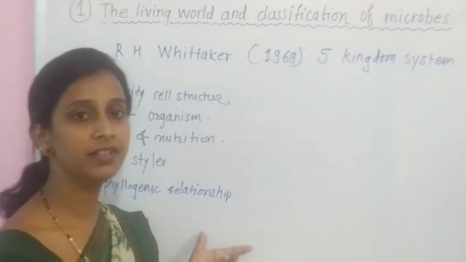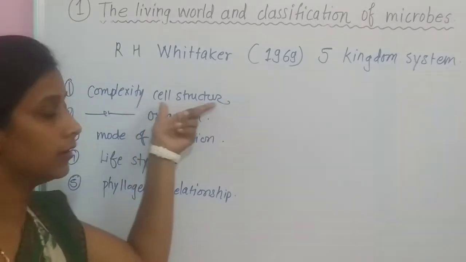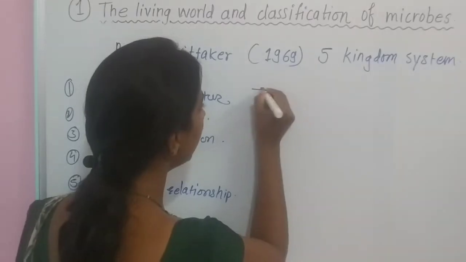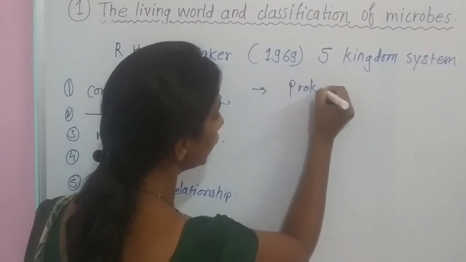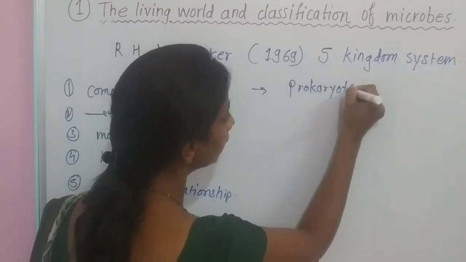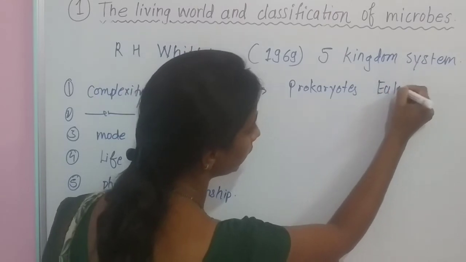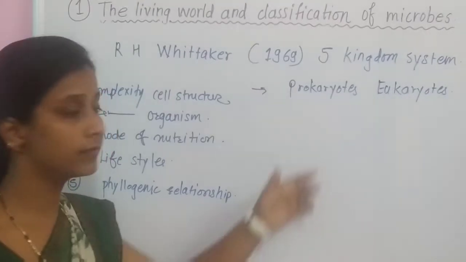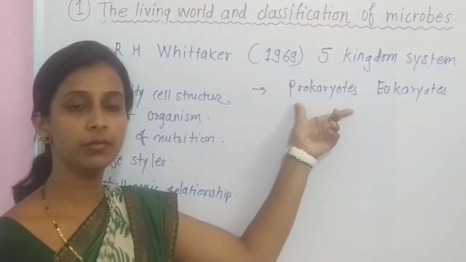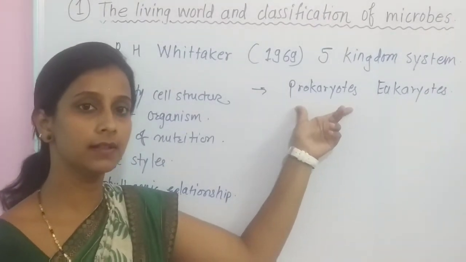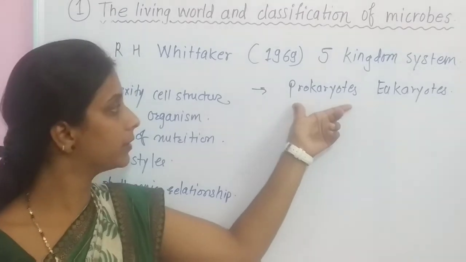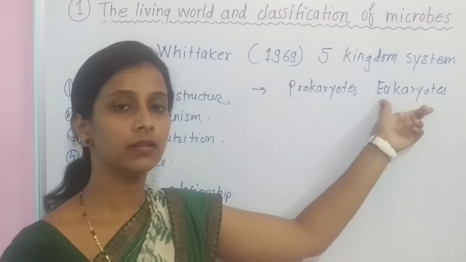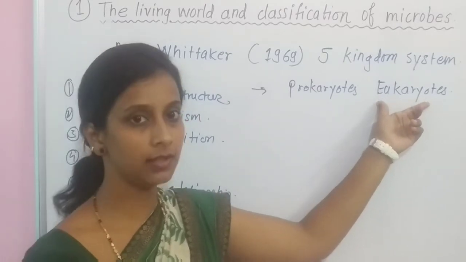First, according to cell structure, he divides all the living organisms into two groups: prokaryotes and eukaryotes. Prokaryotes are the organisms which do not have developed cells, where some cell organelles are absent, and the other group are the organisms which have developed cells with all cell organelles.